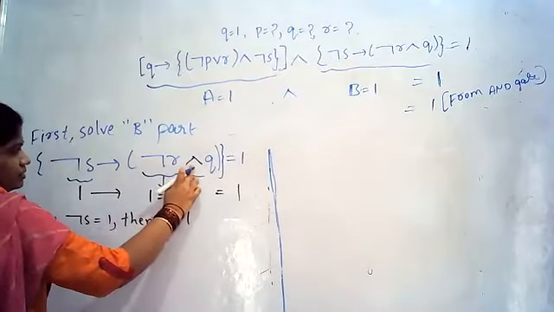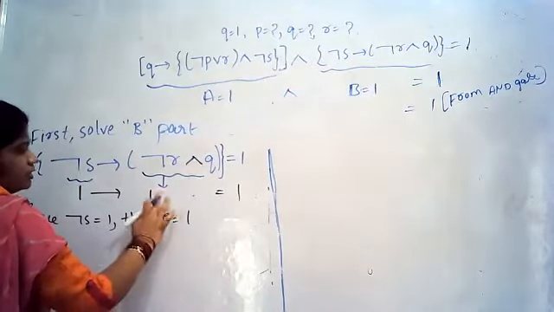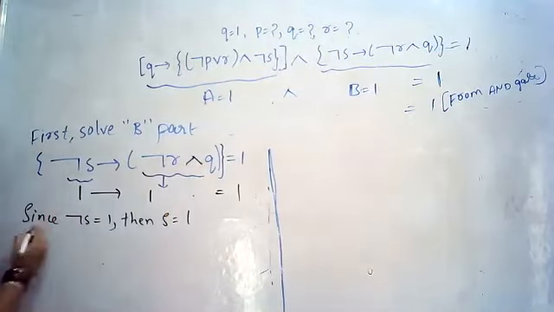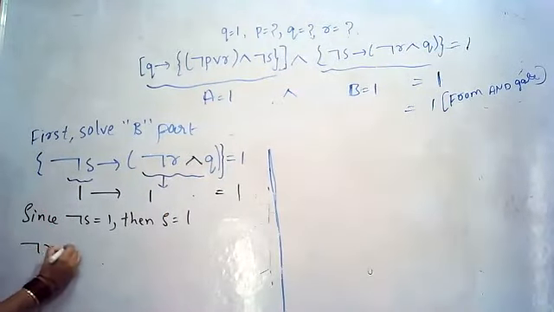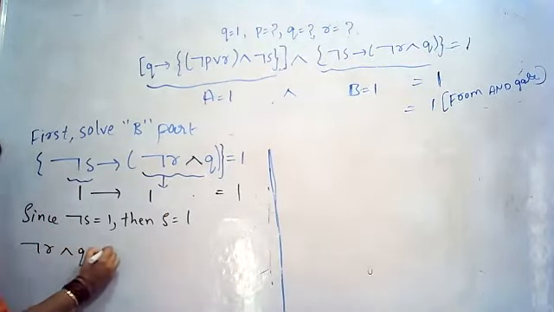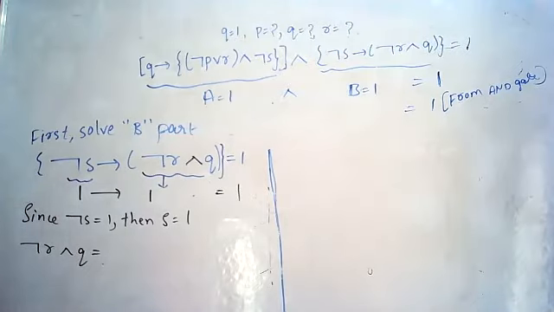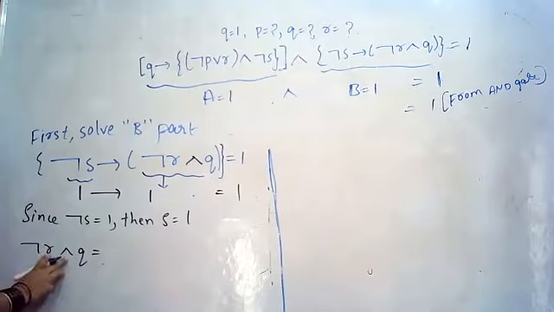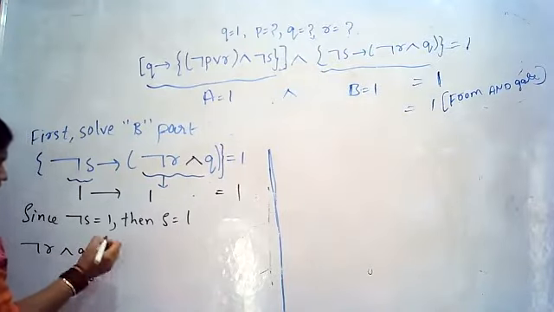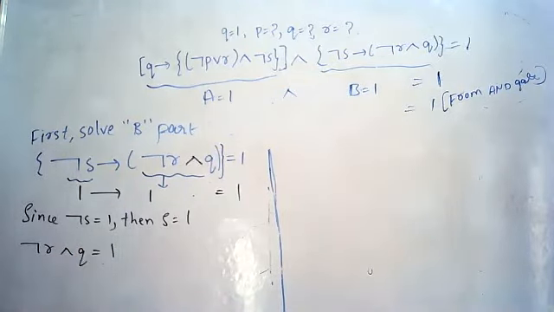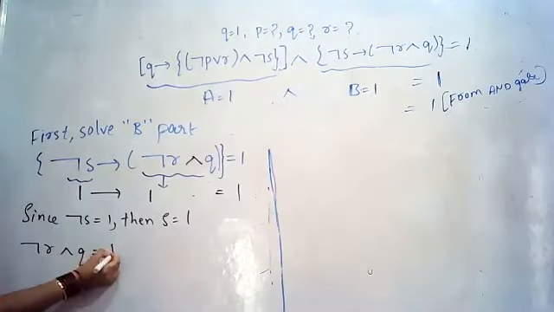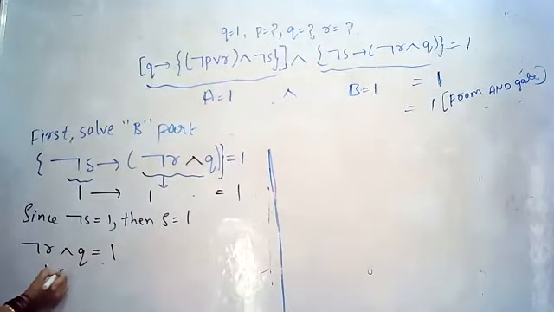Now we need to solve here. Negation R, conjunction Q should be equal to 1 according to our condition. When will it be 1?